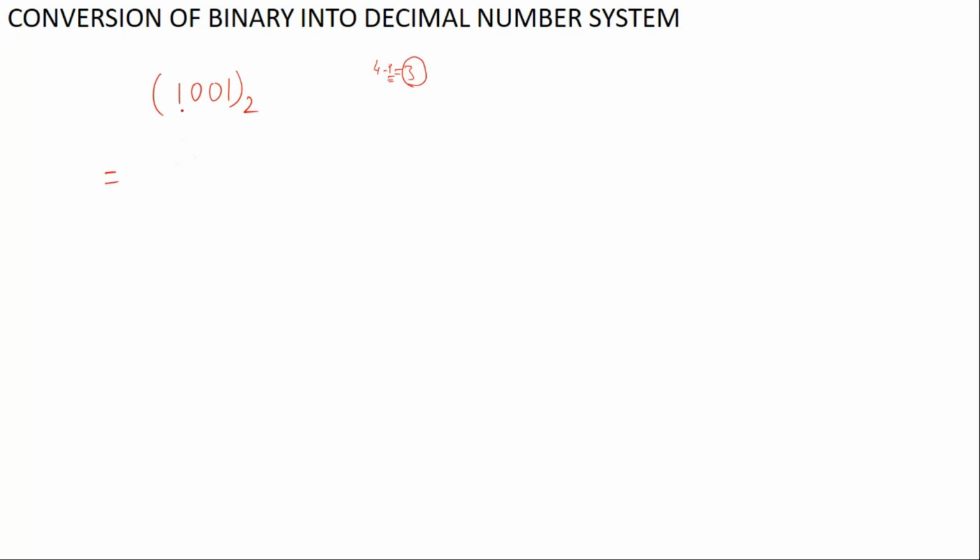So what we will do, we will write the digit, that means 1 into 2 to the power 3. That means these 3 we will write as a power of the base here, plus 0 into 2 to the power 2, plus 0 into 2 to the power 1, plus 1 into 2 to the power 0. Okay, that means here we are writing the digits.